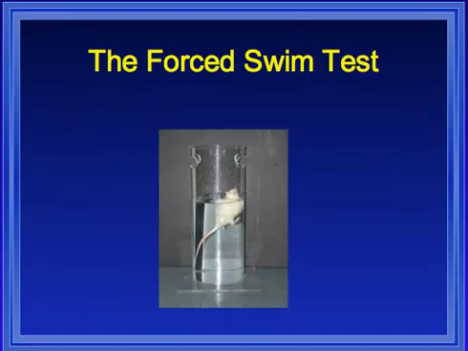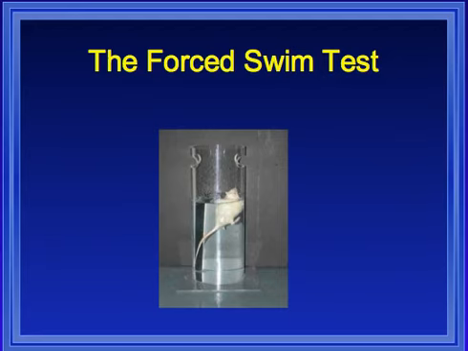What model do we use to test antidepressants? Well, the most common one is the forced swim test. We take these unfortunate mice and put them in a glass column with water, and we see how long it takes for the mouse to give up. A non-depressed mouse will struggle for several minutes trying to keep its head afloat.